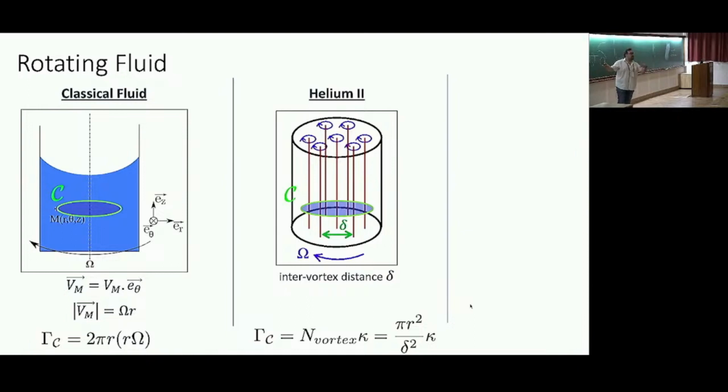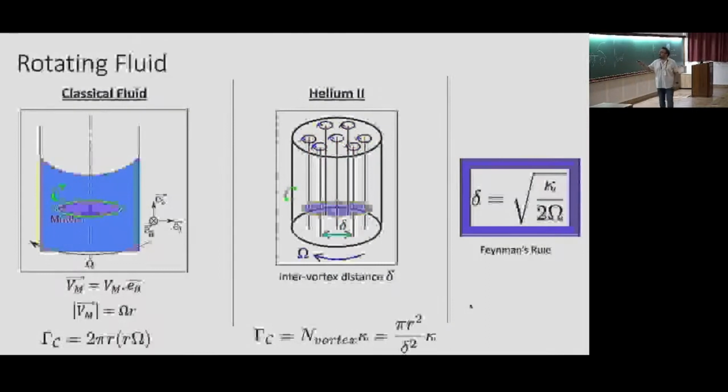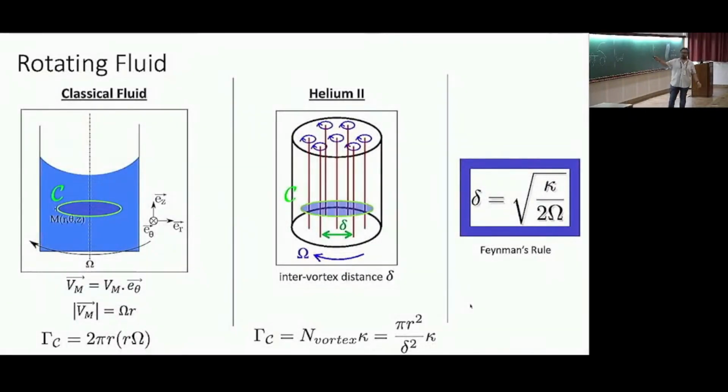Multiply it by the intensity of the vortex, which is the quantum of circulation, and this gives, very simply, this expression. If you say this equals that, you get the so-called Feynman rule that relates directly the intervortex distance to kappa, the quantum of circulation, and omega, the rate of rotation of your platform.